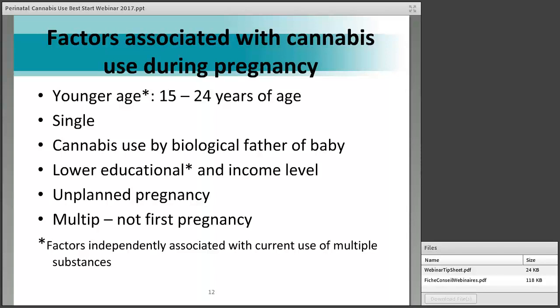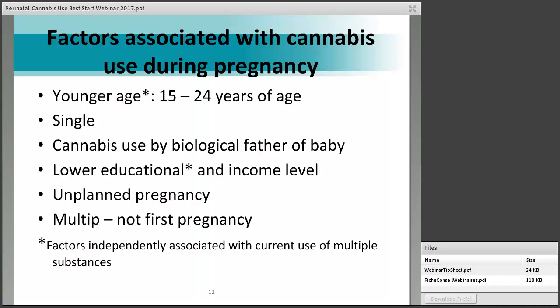When we look at what factors are associated with cannabis use, as I mentioned, age is one determining factor. Marital status, so single women are more likely to use. They're also influenced by the use of the biological father of the baby. There's also a correlation with lower educational and income levels. We know women who had less than 10 years of schooling were more likely to actually use 2 or more substances.